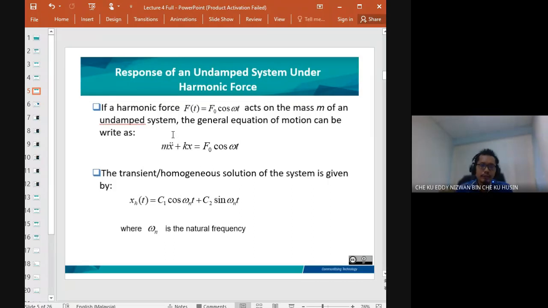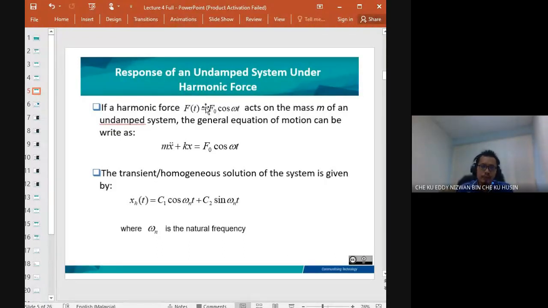In this case we consider that the force is equivalent to F naught cos omega t. Okay, so this is the sinusoidal function. F naught here represents the magnitude of the force applied, in the unit of Newton, so it depends on the system.